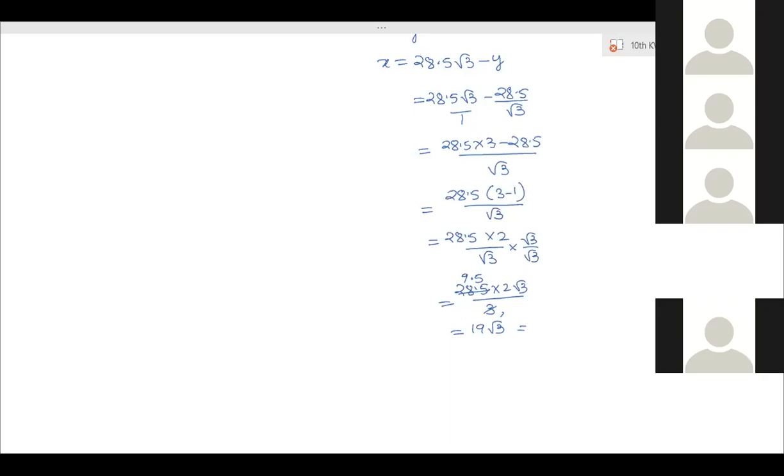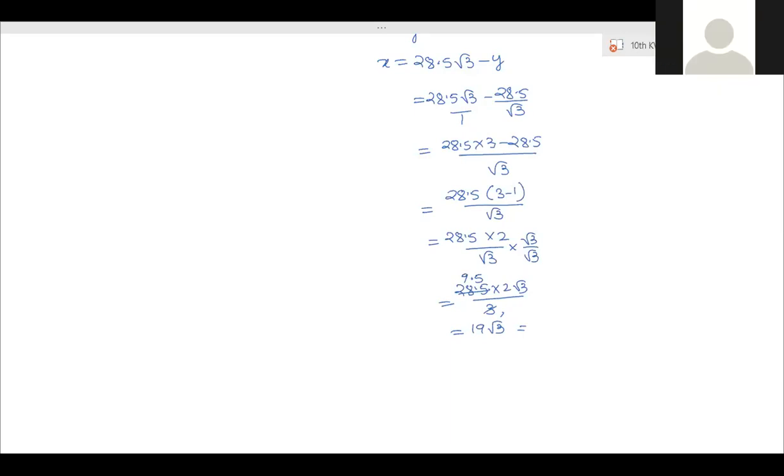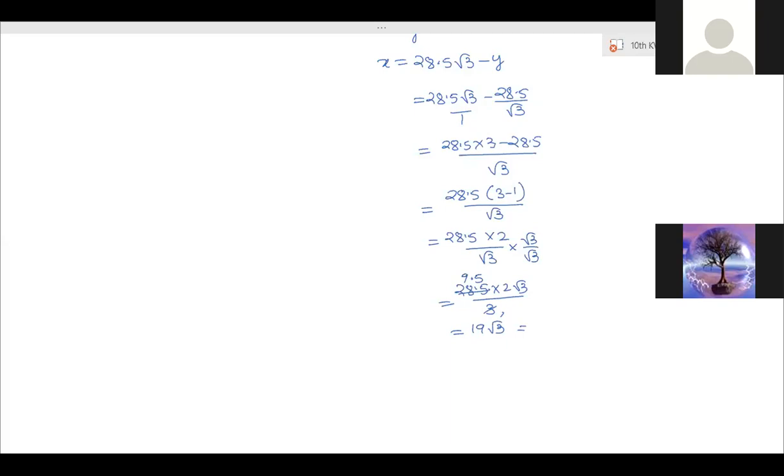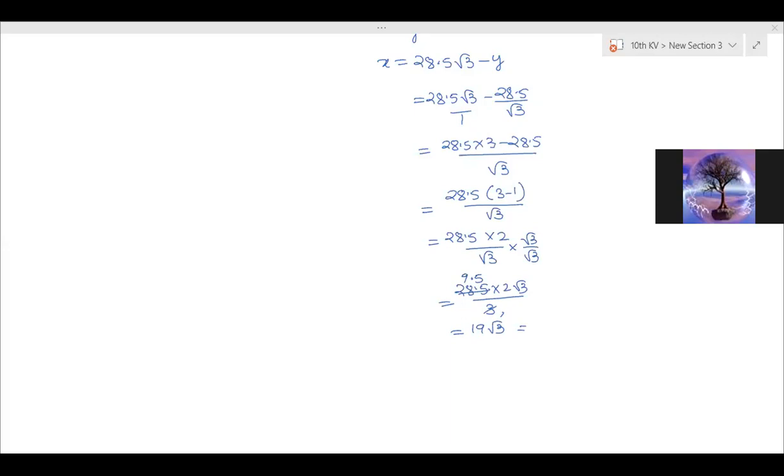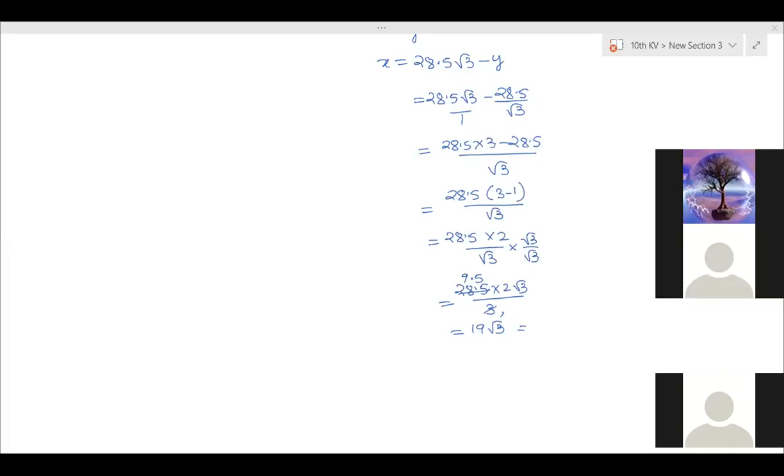Jessica, 8th one. Sharad, 8th one, 9th. Ardrika, 9th one. Dikshita, 9th one.